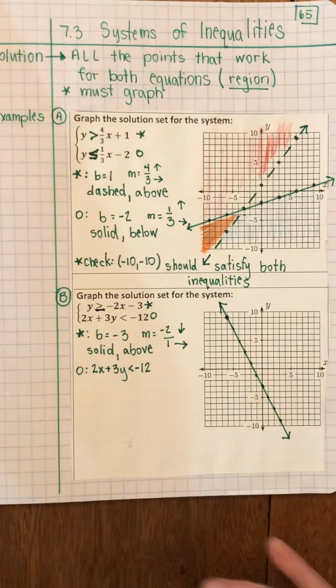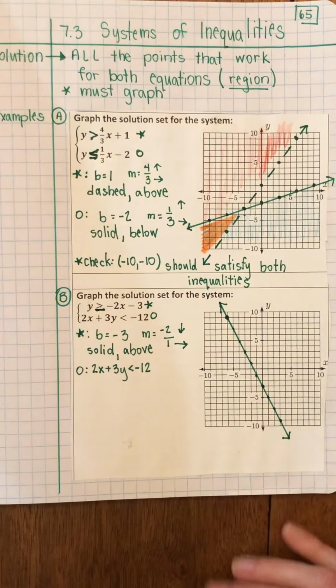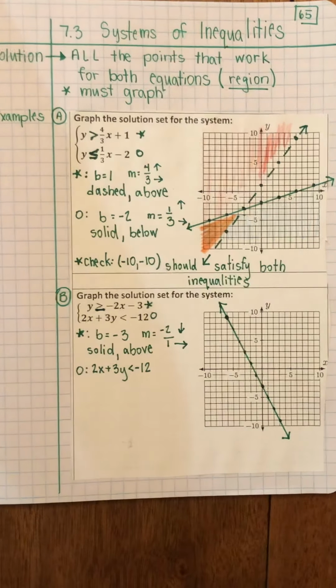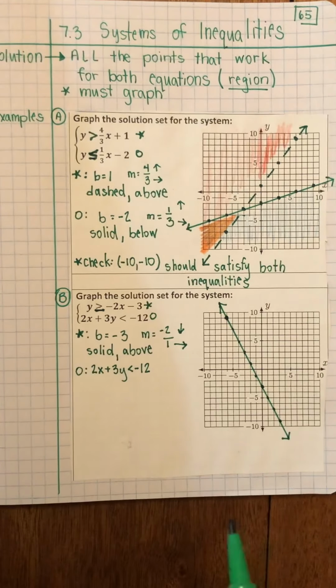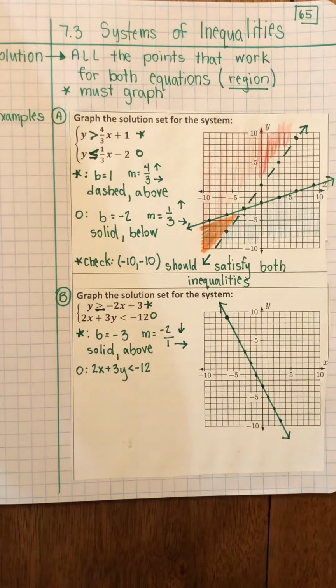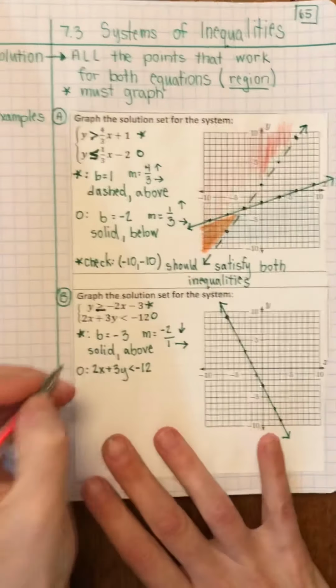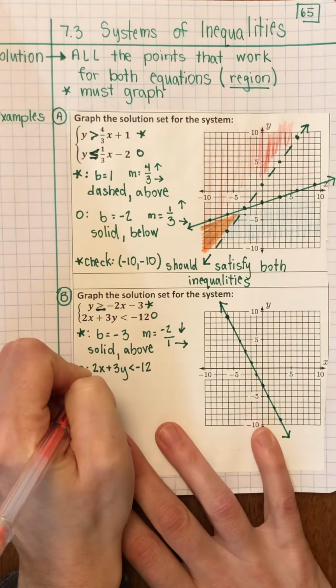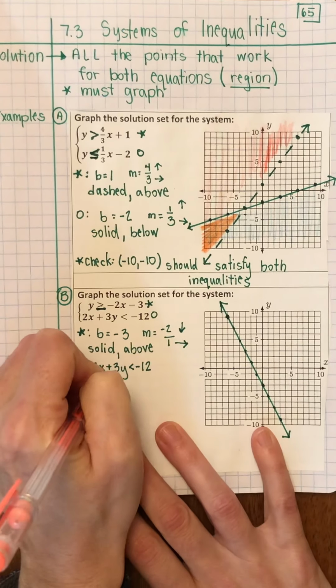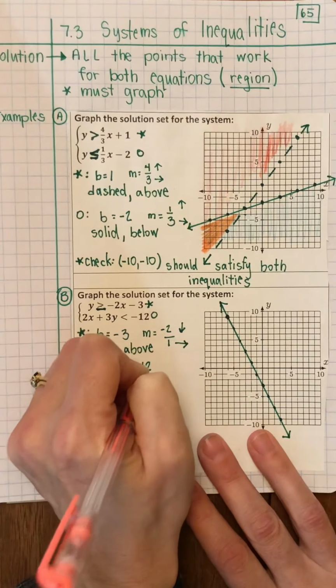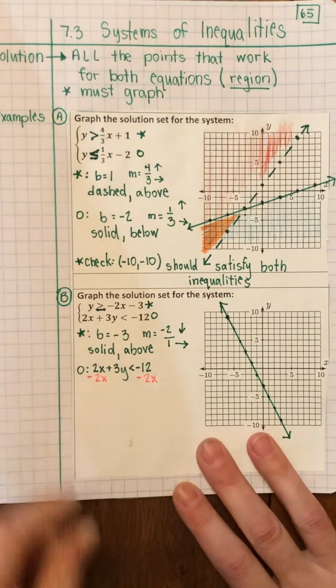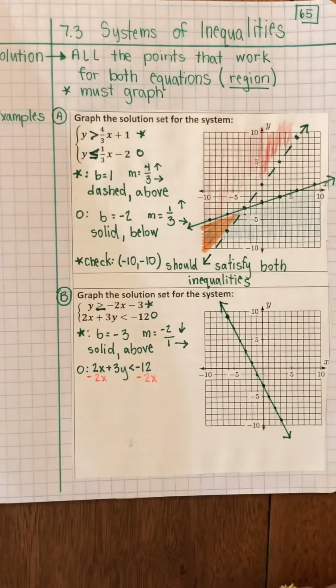All right, so let's see. I wish I had a different color, and I think I do. So let's see if this one will show up under the screen. Okay, so I'm solving for y. I'm getting it into y form. So I get the 2x to the other side by subtracting. Does that show up? It does.